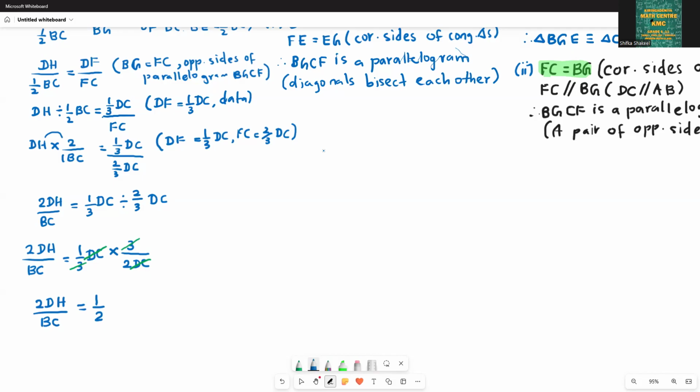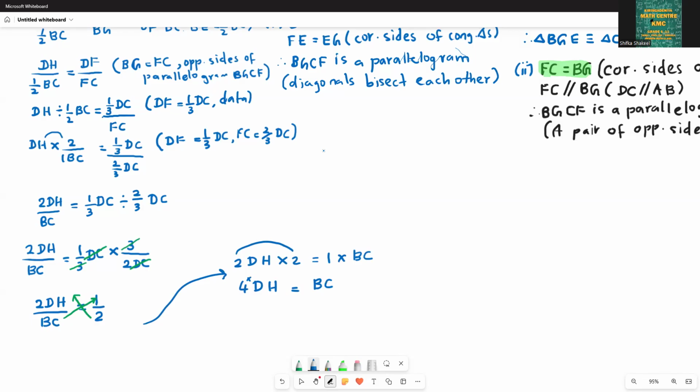So children, we will do cross multiplication, the two fractions on both sides of the equal mark. We will multiply cross-wise. So we get 2DH into 2 equals 1 into BC. 2 into 2, 4DH equals 1 BC.